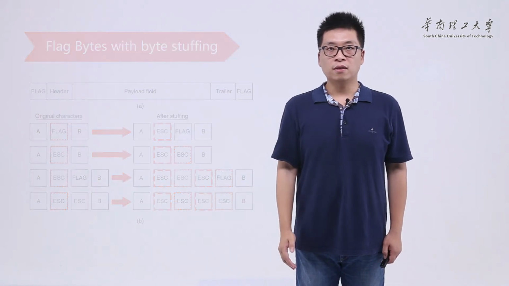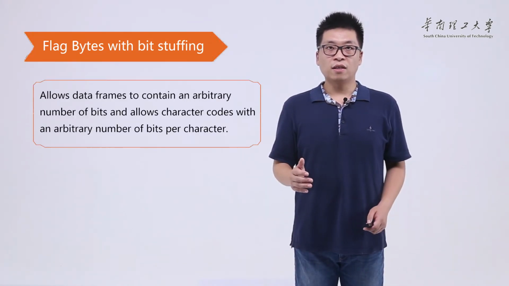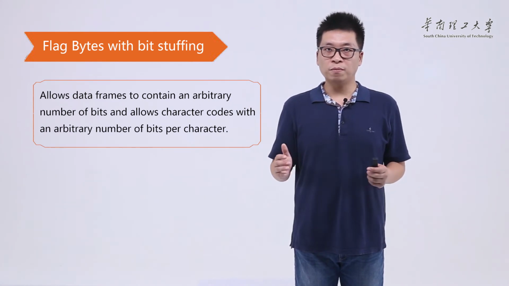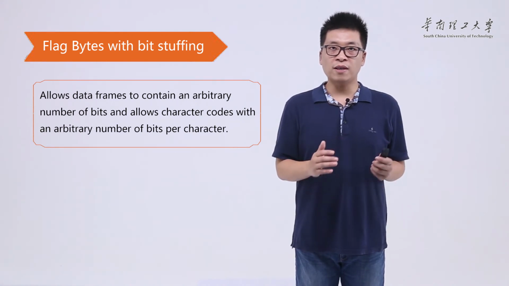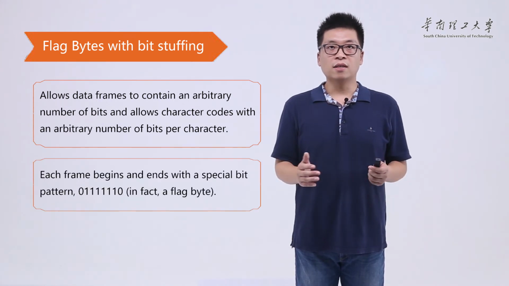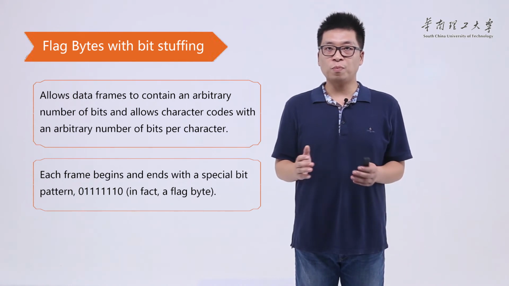The third method we are going to explain is called flag bytes with bit stuffing. It allows a data frame to contain an arbitrary number of bits and allows character codes with an arbitrary number of bits per character. So imagine that each frame begins and ends with a special bit pattern.